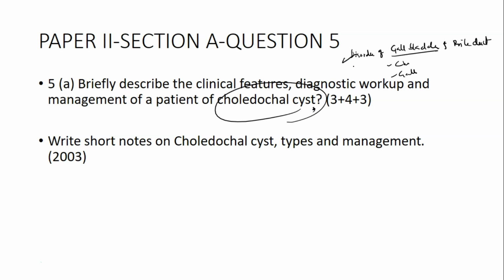General surgery per se has a huge syllabus in comparison, almost 25 to 30 topics. So somehow we missed it, though it's a repeat, because a short note on choledochal cyst, types and management, was asked in 2003. What are the clinical features, diagnostic workup and management of a choledochal cyst was asked, like it's there in 5A.